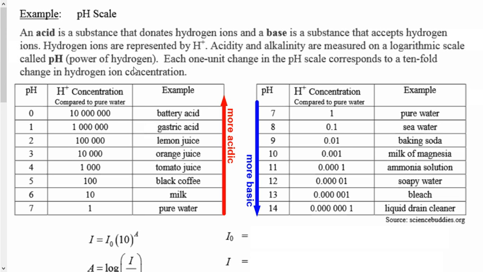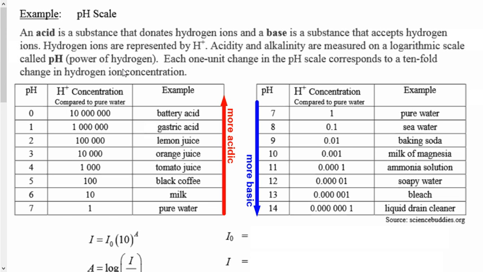So an acid is a substance that donates hydrogen ions, a base, a substance that accepts hydrogen ions. And the hydrogen ion is represented by this H with an exponent that looks like a plus. The acidity and alkalinity are measured on a logarithmic scale, which is called the power of hydrogen.